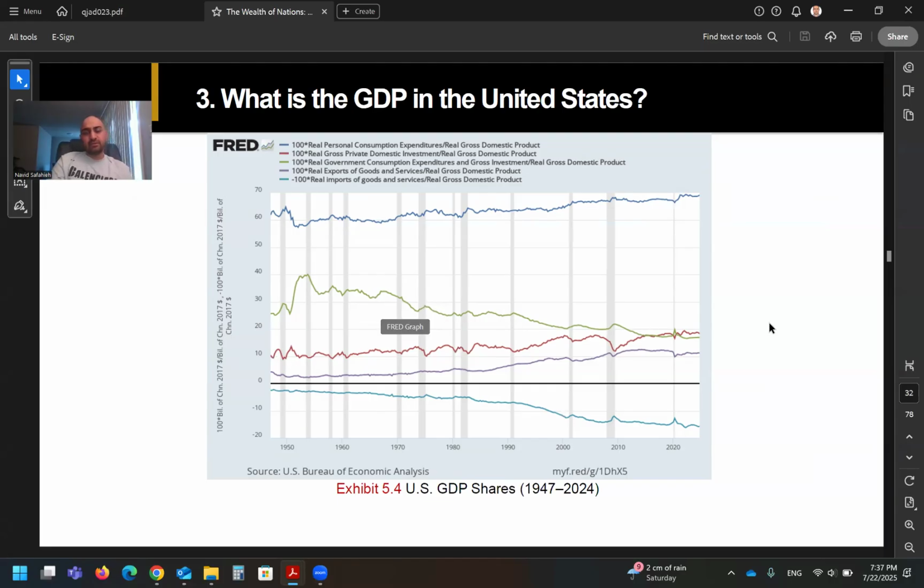One thing that you should notice here is that this light blue line is the share of imports, and we have the negative sign for that because in the GDP formula, the import component has a negative sign. This is why we are showing that with these negative numbers here.